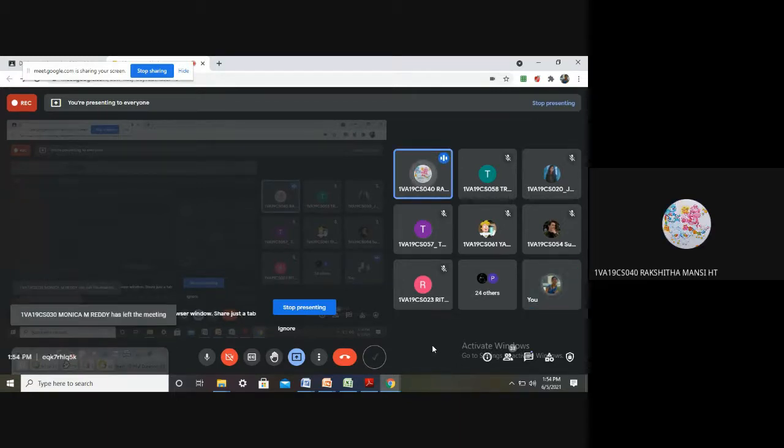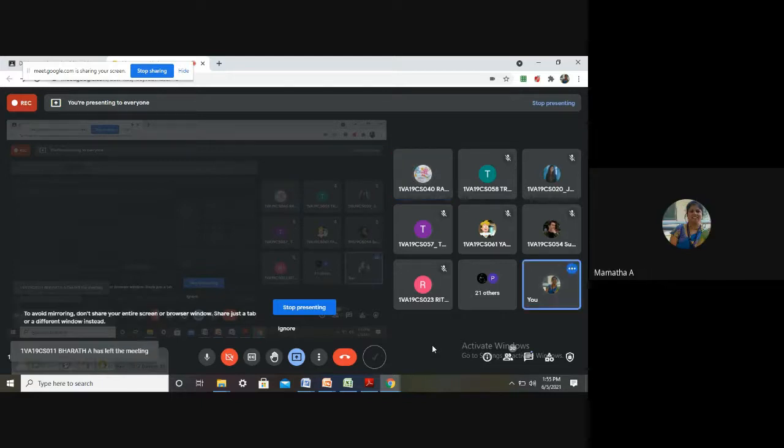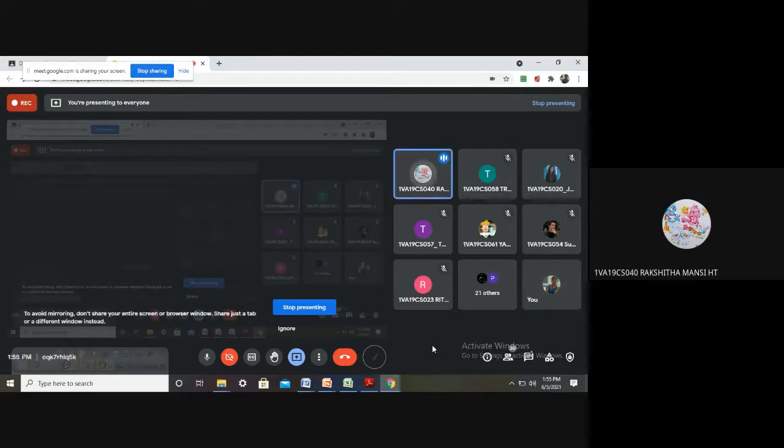Ma'am, first we have to divide the array into 2 parts with n by 2 elements in each. The base condition would be if there's only one element, there's no comparison, and if there are 2 elements, there will be one comparison.